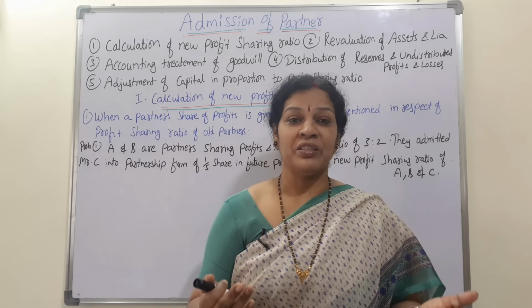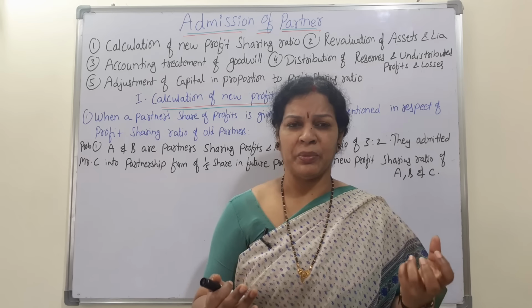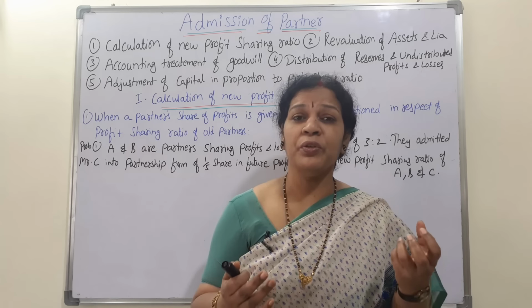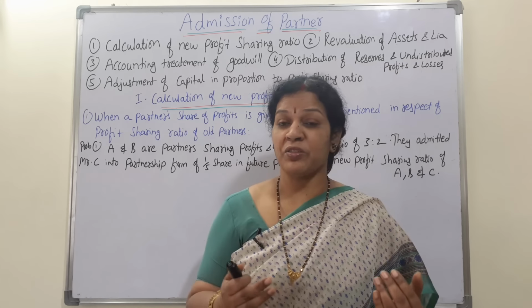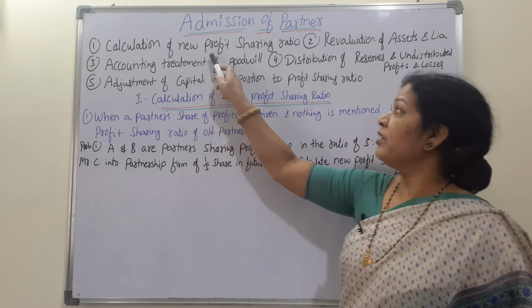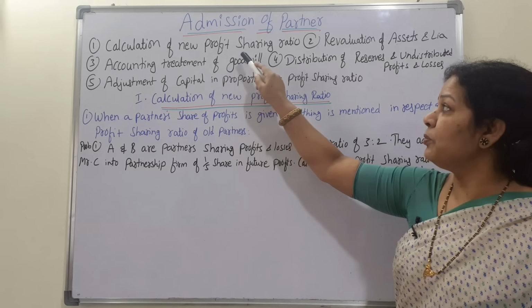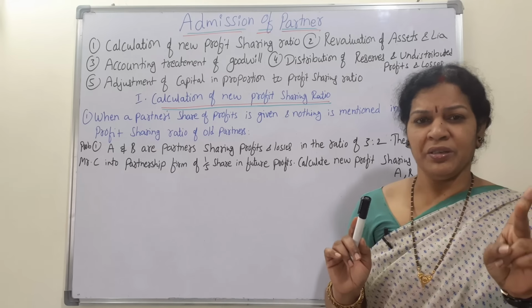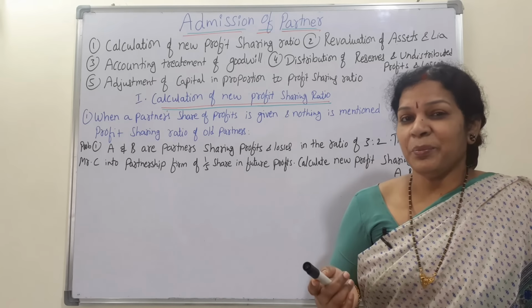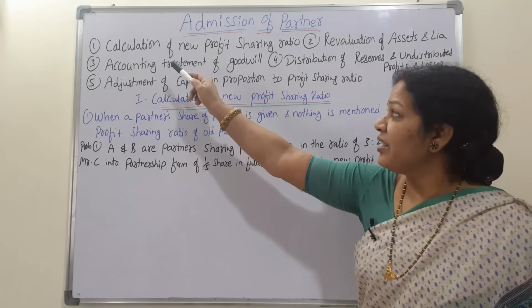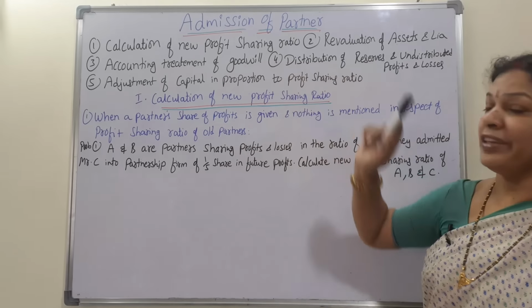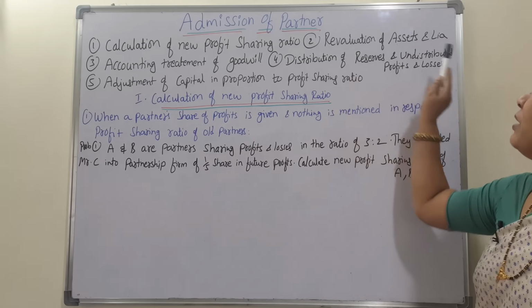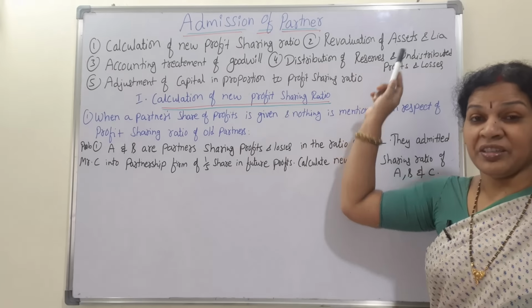So once you enter into the partnership through admission, you need to focus on a few aspects. What are those aspects? The first one is calculation of the new profit sharing ratio. As I told you just now, A and B are running the business, C entered, then we have to calculate the new profit sharing ratio. Another one is revaluation of assets and liabilities.